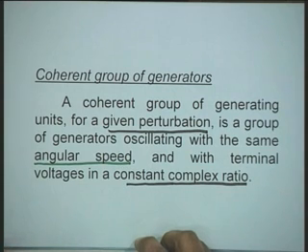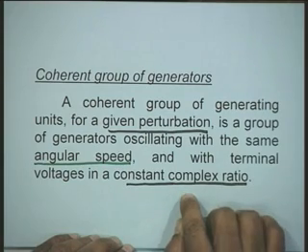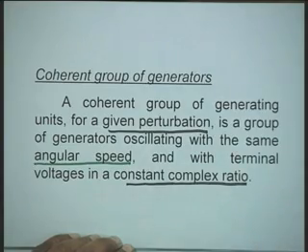Now, here there are two aspects. One is that the machines in the coherent group will have the same angular speed, and second is that the terminal voltages of these machines will be in a constant complex ratio. Therefore, for network reduction we will be using the second important component of this definition.